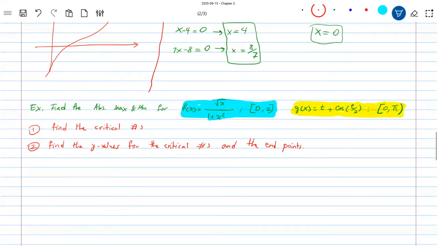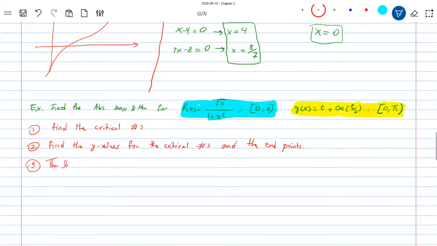So if there is an interval, you find the y values at the endpoints as well, because it's an option to have the absolute maximum and minimum at the endpoints. If you do that, you find out all the y values.